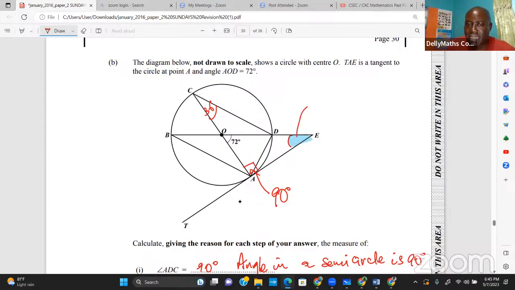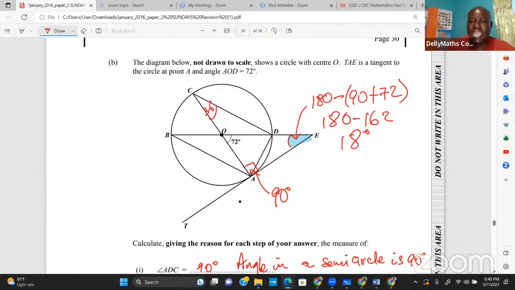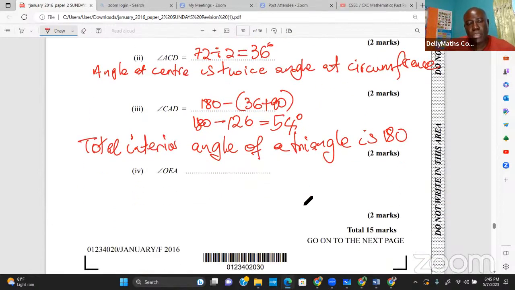So then this little angle here is simply 180 minus the 90 plus the 72. 180 minus 162, 18. This angle there is 18, right? So that is 18 we're looking at.